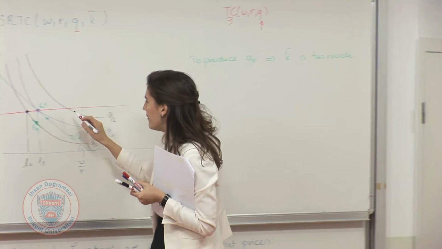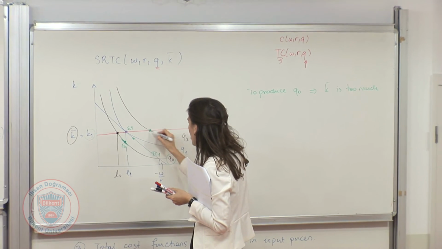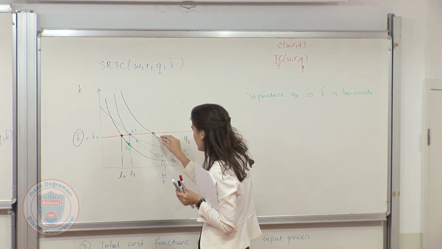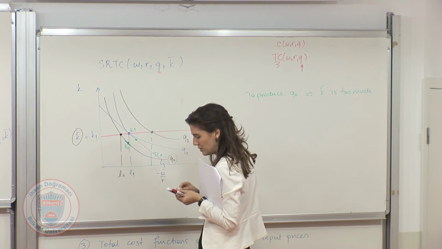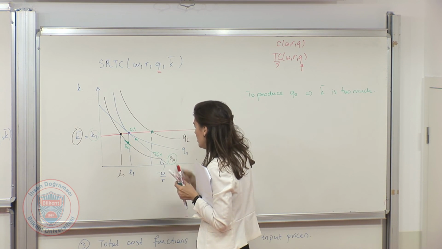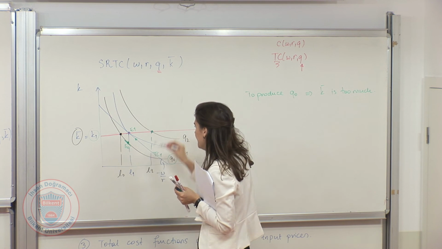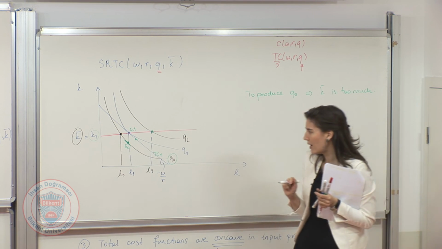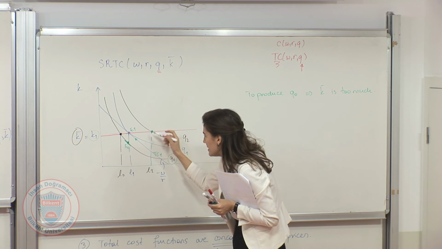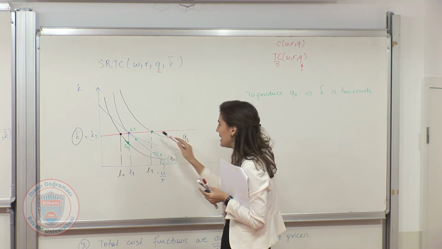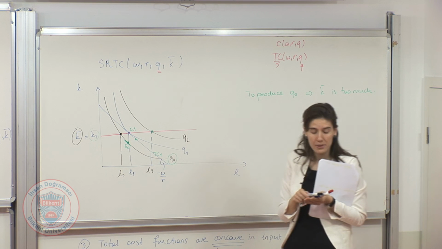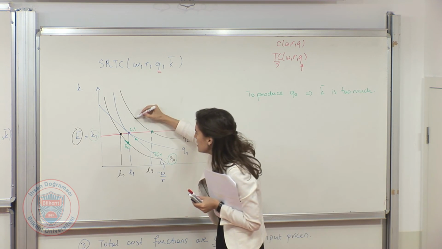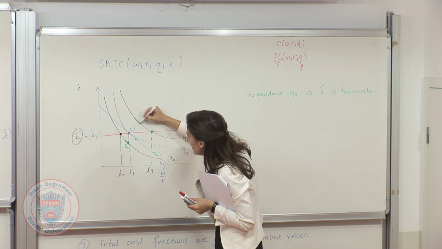Or you can think of it, for instance, if you want to produce Q2, it's going to be here. Let's put it L2. You need this much labor, and of course the amount of capital is fixed. But if you could optimize, you wouldn't pick this point. You would probably be here.